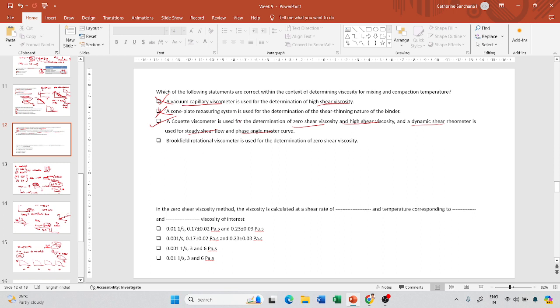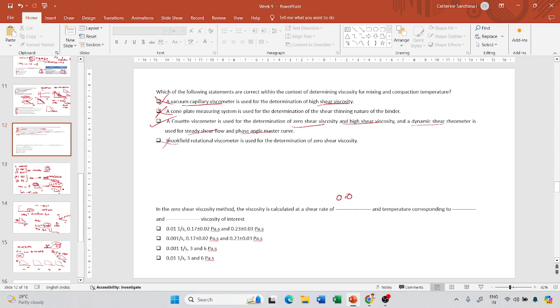A Brookfield rotational viscometer is used for the determination of zero shear viscosity. This is also correct, but you have to see all the methods, right? So this comes under option 3, not the 4th, okay. So in the zero shear viscosity method, the viscosity is calculated at a shear rate of what and at temperatures of what?